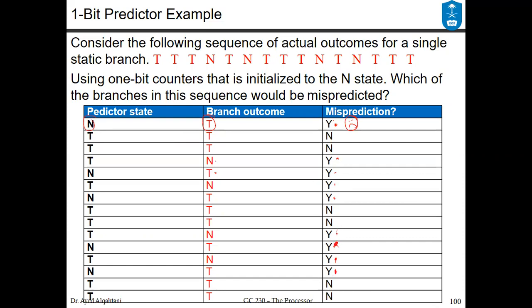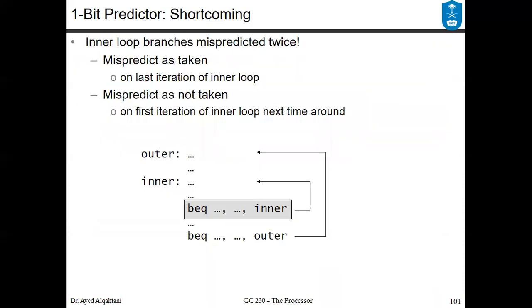And you can see that this is a lot of misprediction. And the reason is that the 1-bit predictor is not enough, or premature. And this is one way to show the 1-bit predictor shortcoming.